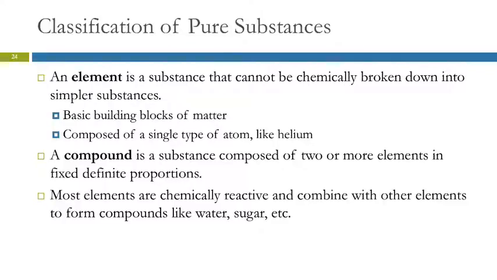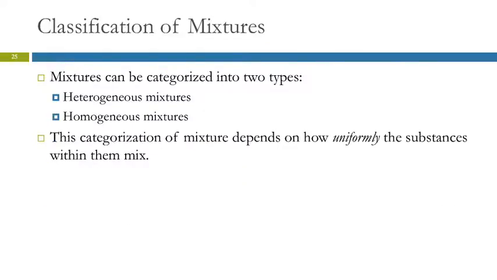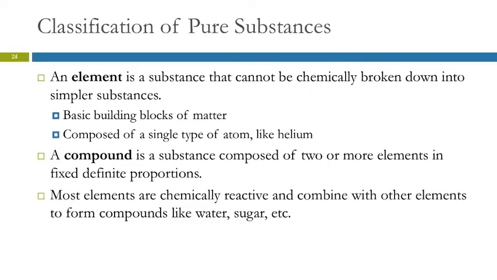Most elements will react with each other and they will form compounds like water, sugar, all kinds of different things. So an example of a compound would be something like, I started with the wrong color, something like water, which we usually represent with two white balls and a red ball.